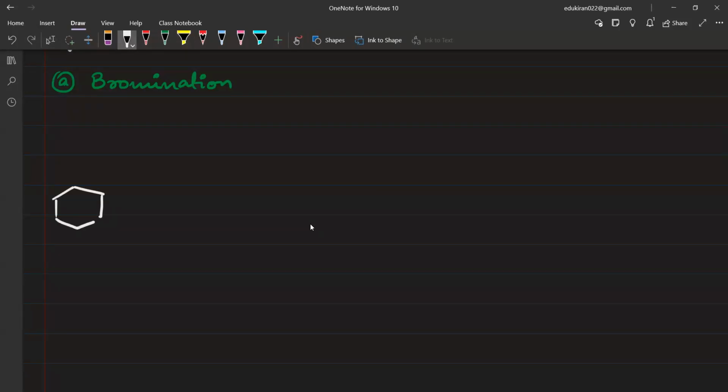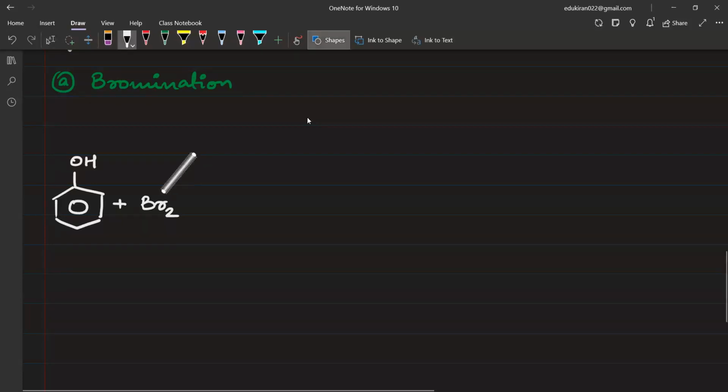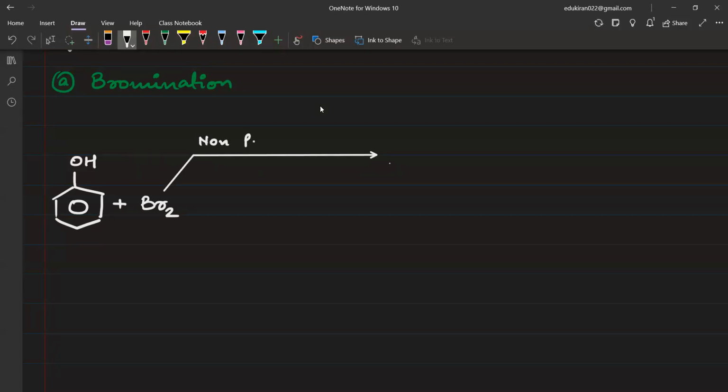So please see, we have OH. Now, we'll add Br2 because we are doing bromination. And then we are only going to change the solvent in these two cases. First of all, we are going to keep a non-polar solvent, such as you can have carbon disulfide or carbon tetrachloride.